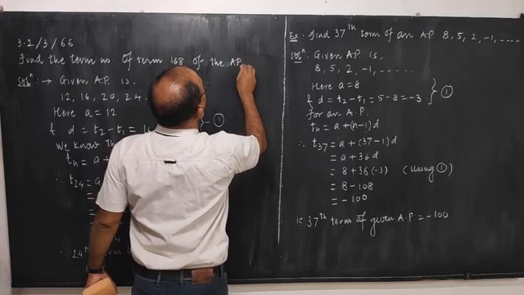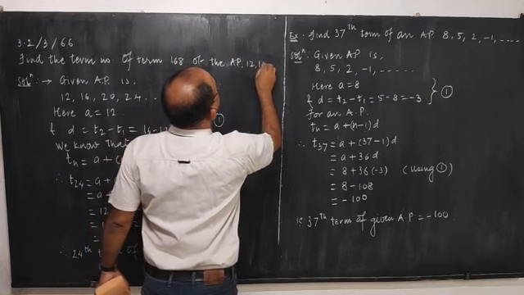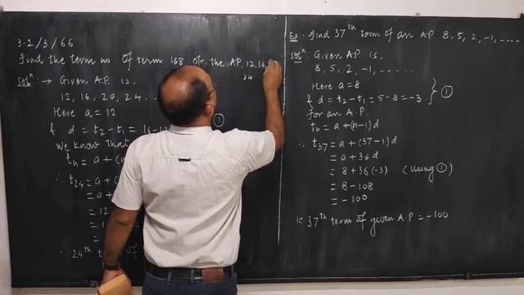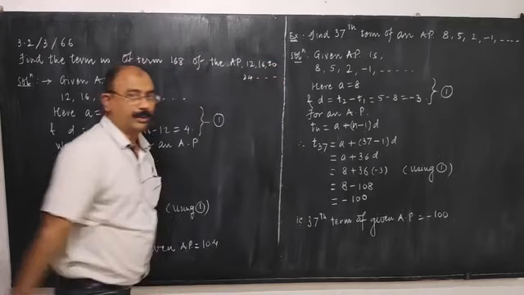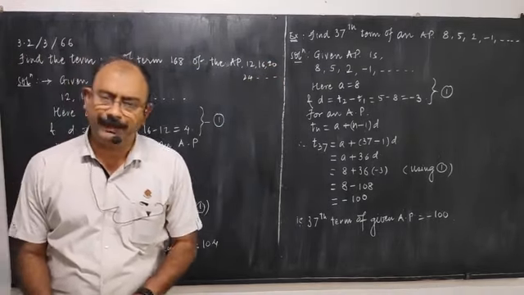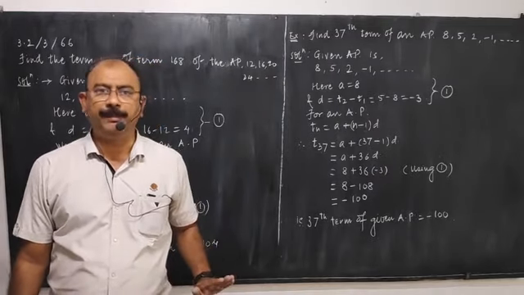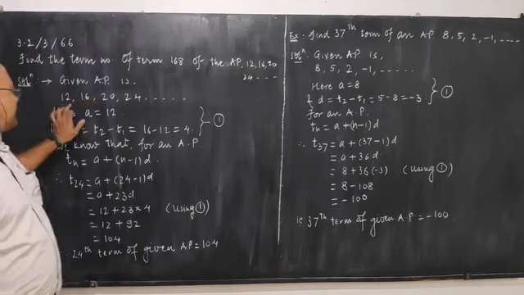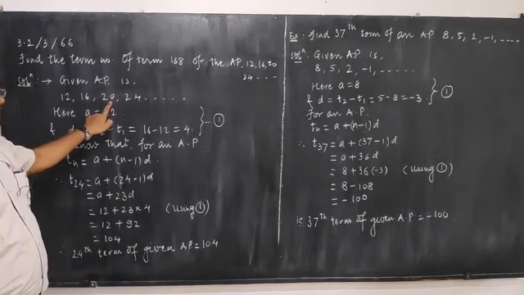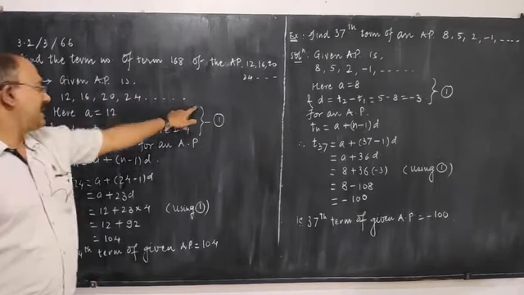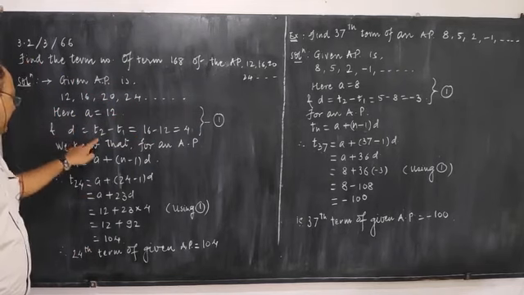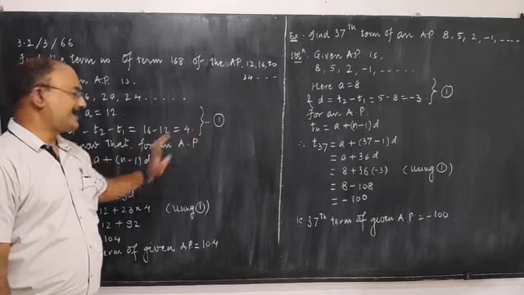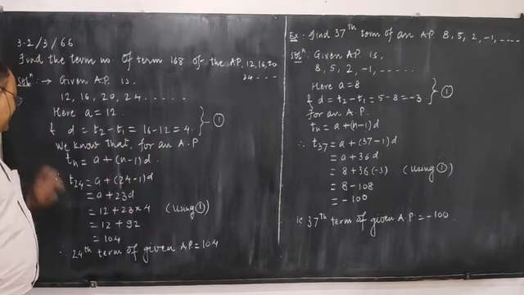I am keeping the same AP: 12, 16, 20, 24, and so on. I am not changing the AP, and we will solve the problem. The given AP is the same: 12, 16, 20, 24. A will be 12, the common difference d is 16 minus 12, that is 4. So this data is the same.